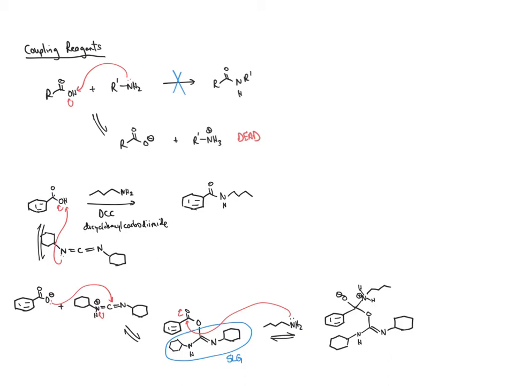Okay, and we get a proton transfer event happening. When that proton transfer event happens, we get a neutral species. Right, we still have our activated system, so we still have that sort of super leaving group-like reactivity.